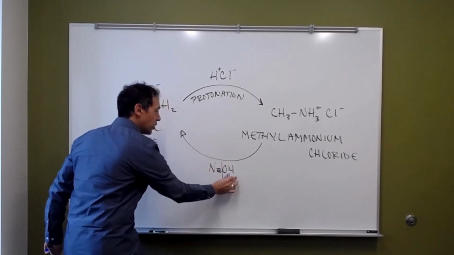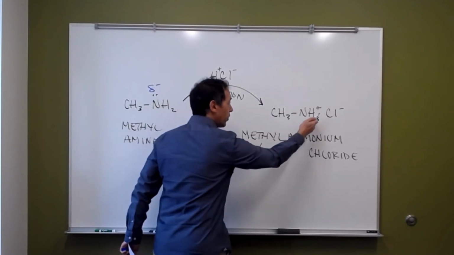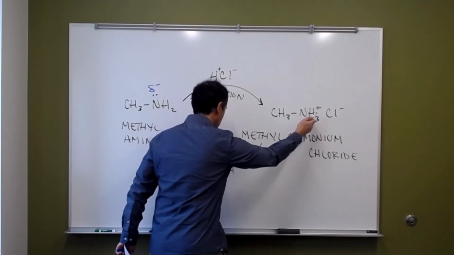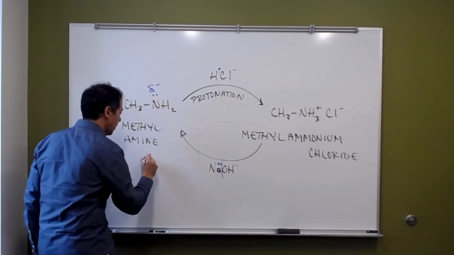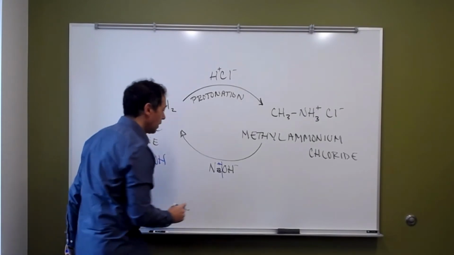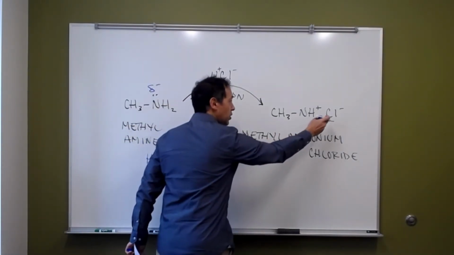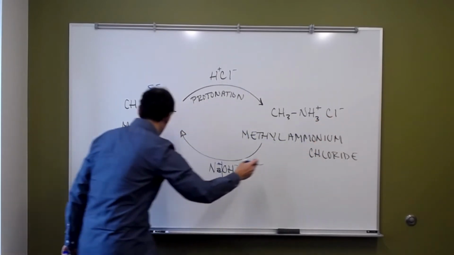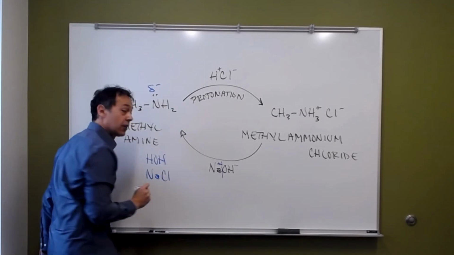Our OH is going to attach here with the hydrogen that was added here. And so we're going to take the hydrogen and the OH, and over here we'll have HOH, or water. And then the sodium here is going to be attracted to the chloride ion, and we'll end up with NaCl, like that.